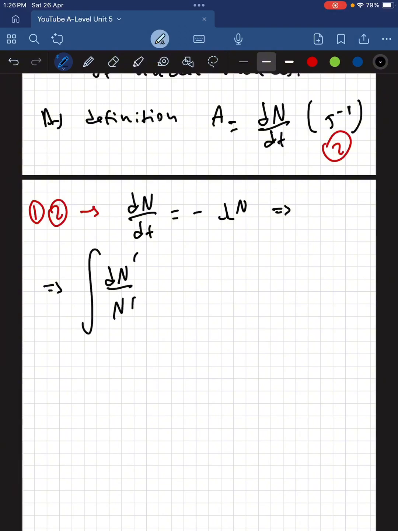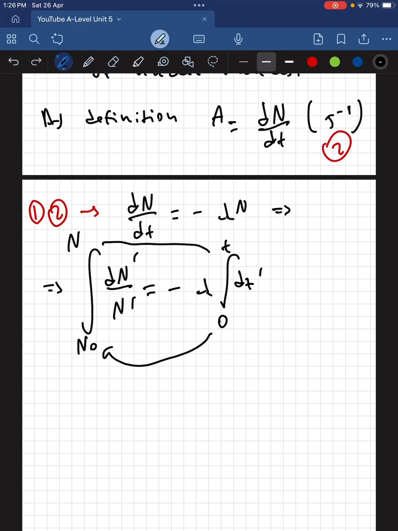We can integrate, I make this a dummy variable, and I integrate from N naught to N, and this is equal to minus lambda dt, and I make dt prime a dummy variable. So for time 0, we have N naught nuclei, and for time t, we have N nuclei, okay?